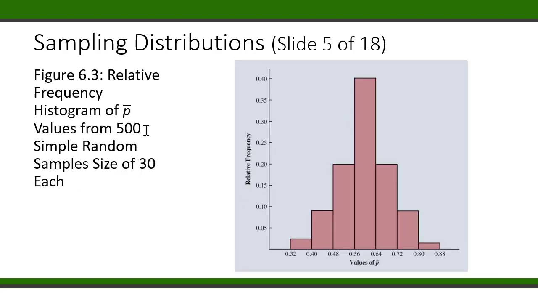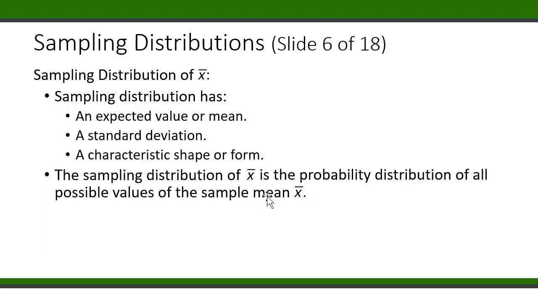Here we have the distribution of the proportion of managers that got the training. So when we look at that sampling distribution of X, we know the sampling distribution has an expected value or mean, a standard deviation, and a characteristic shape or form, which we just saw in those graphs.